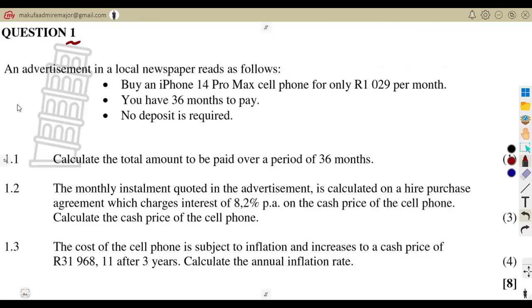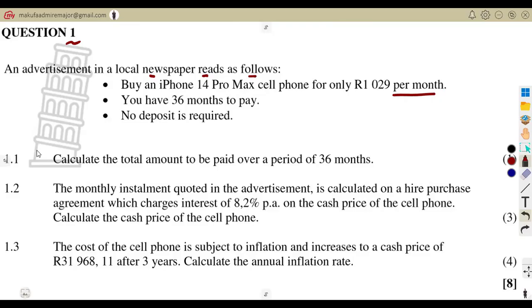Question number 1. An advertisement in a local newspaper reads as follows. Buy an iPhone 14 Pro Max cell phone for only 1,029 Rand per month.